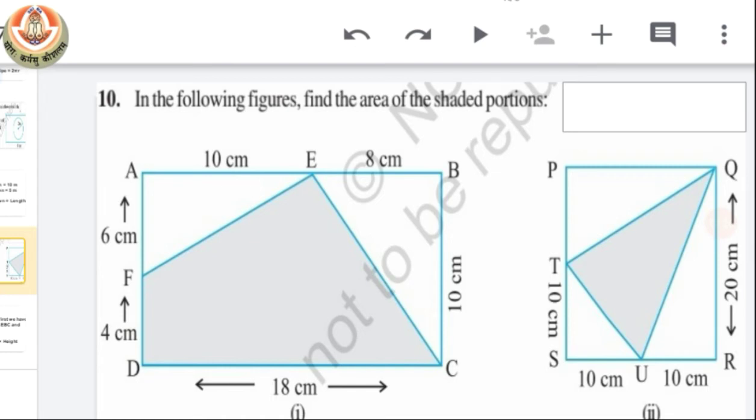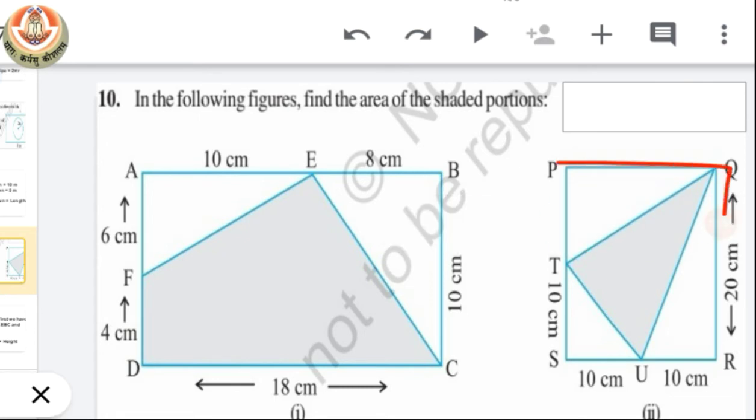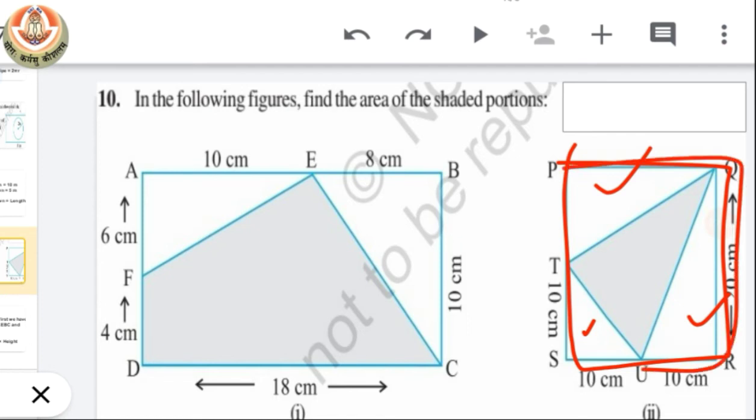And we will do the same thing in the second part. First we will find the area of this rectangular figure. Then we will find the area of this triangle and this triangle, and we will add all the three, and then we will subtract their sum from the area of this rectangle, and we will have the value for this shaded portion.